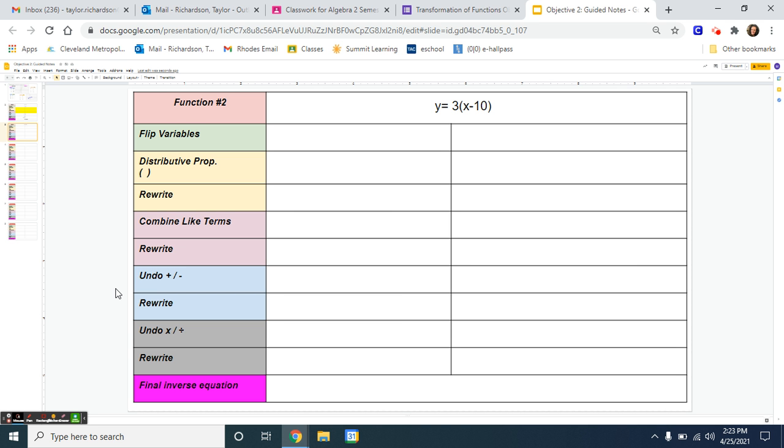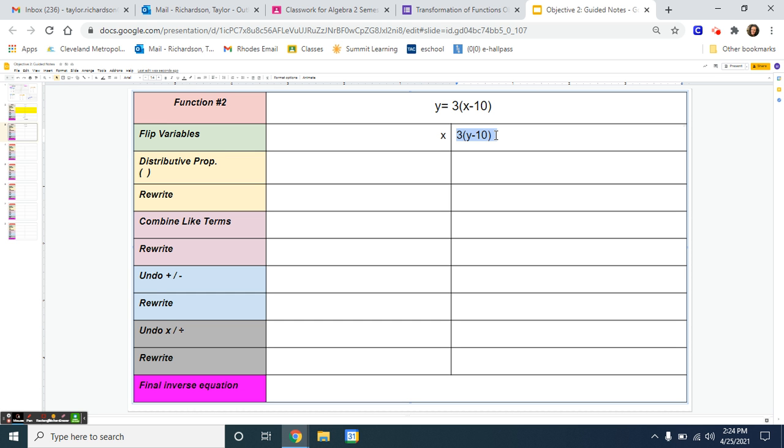This says y equals 3, parentheses x minus 10. Okay, I'm going to flip my variable. So instead of the y equals, I'm going to put an x. And instead of the 3 parentheses x minus 10, I'm going to do 3 parentheses y minus 10. Just switch that x and y. Now, instead of skipping the distributive property, I'm actually going to use it because I see parentheses.